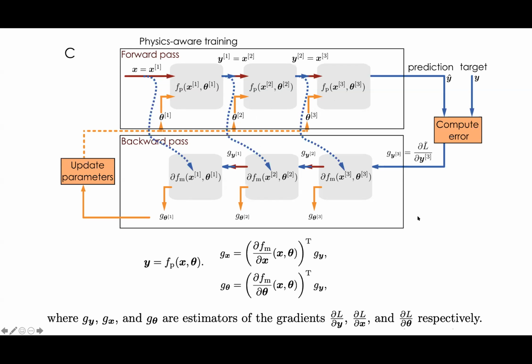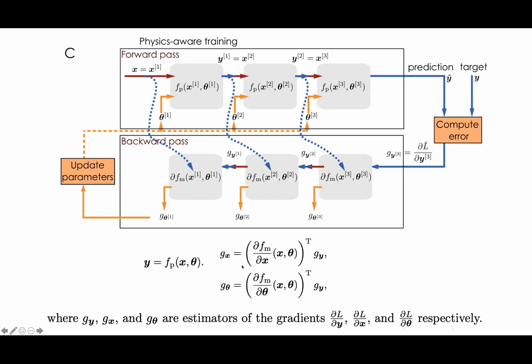Hi, this is Apostolos. So what does it mean that the G's are estimators of the gradients? Well, if this is just a one layer stuff, then it's just the gradient. Sorry, I should put it this way.